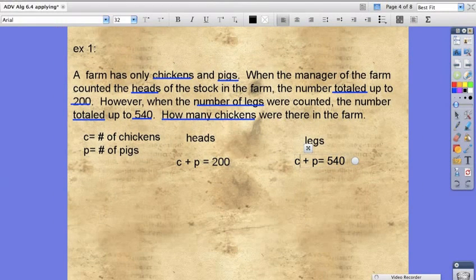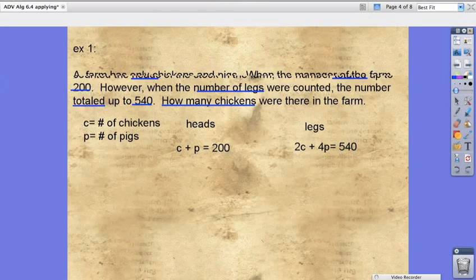So if we think about the number of legs on a chicken, well, there are 2. And on a pig, there are 4 legs. So we actually have to multiply the number of chickens by 2 to get the total number of legs, and the number of pigs by 4.